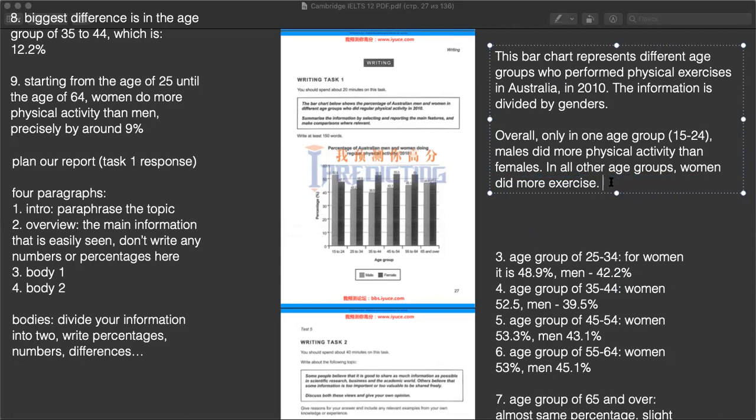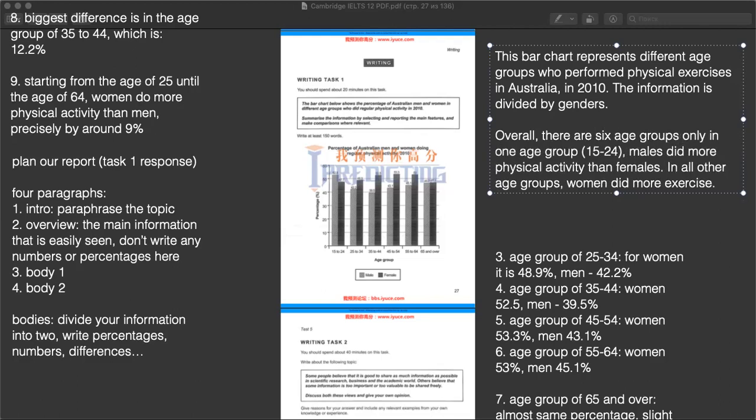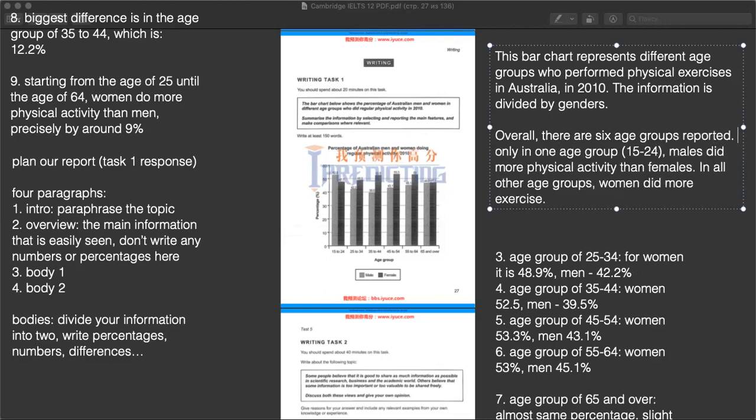Okay. Also, we can say that there are six age groups reported overall. However, only in one age group, males did more physical activity than females.